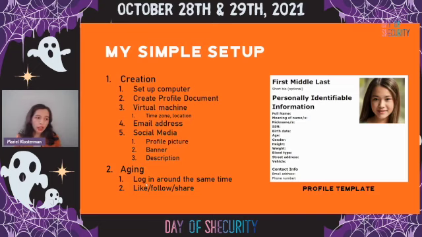Then I make sure I set up my virtual machine. I change the time zone, I change location. I change a lot of things just because with fingerprinting, which is another thing I could go into, you want to add as much gray matter, I guess, between what you're doing and what your sock puppet is doing.